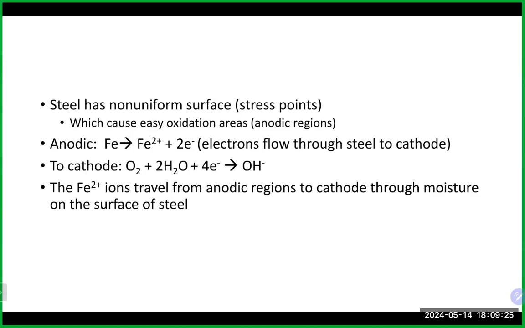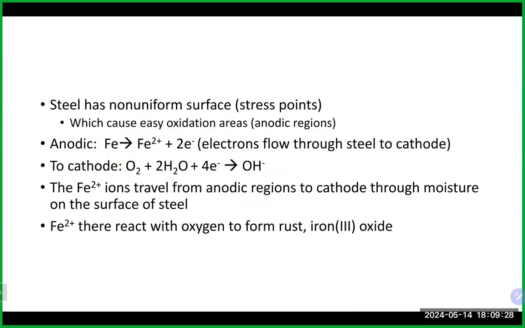Now, steel, as I mentioned before, has these stress points. As we go through the oxidation process, you basically just need a little bit of iron, some moisture, and some oxygen, and you're good to go. So it has these non-uniform points where moisture can sit in, and that funnels the rusting. What happens is iron oxidizes to iron 2, and then it can react with oxygen and form iron 3 oxide, which is rust.